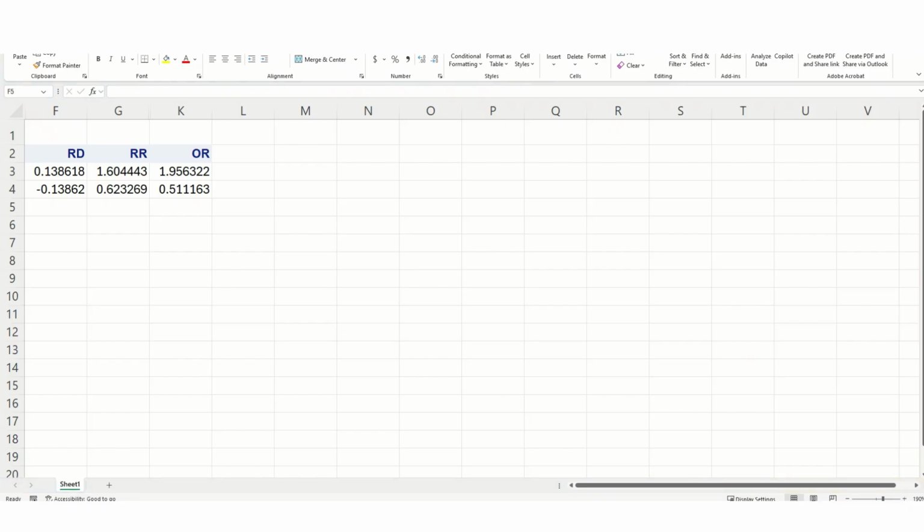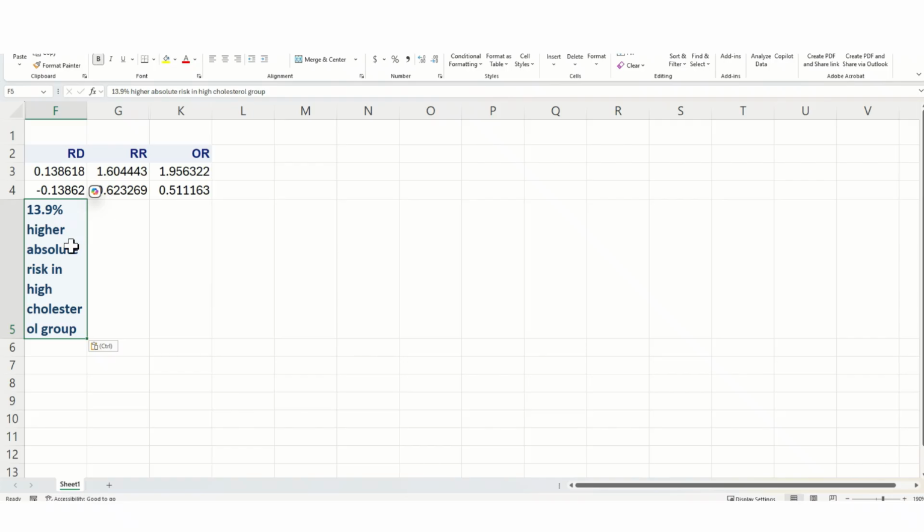For the risk difference, I'm just going to copy paste it here. The way we interpret the first calculation here is that there is a 13.9% higher absolute risk in the high cholesterol group compared to the low or normal cholesterol individuals.